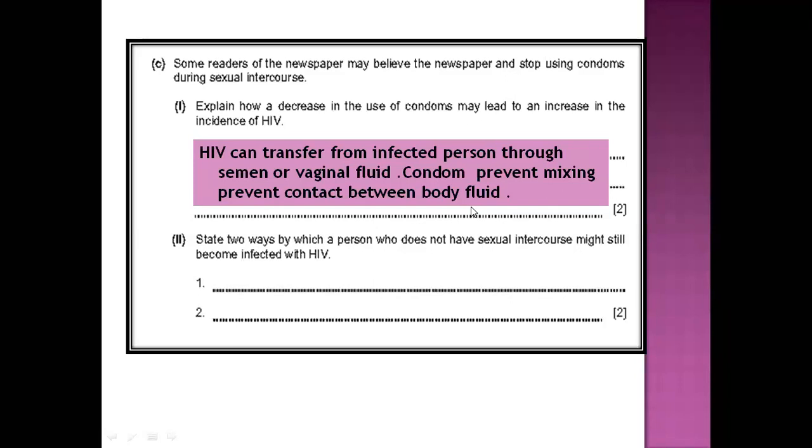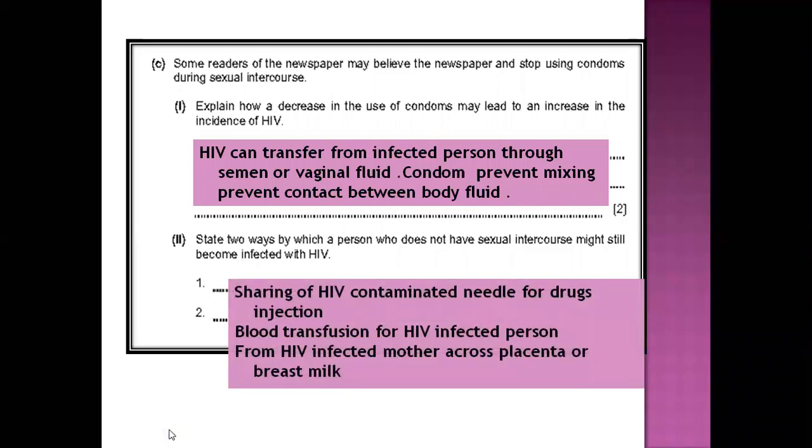Even HIV can transfer from an HIV infected mother to the baby. It can happen through the placenta, or it can also transfer through breast milk. Is it clear? So these are the other ways through which HIV can transfer.